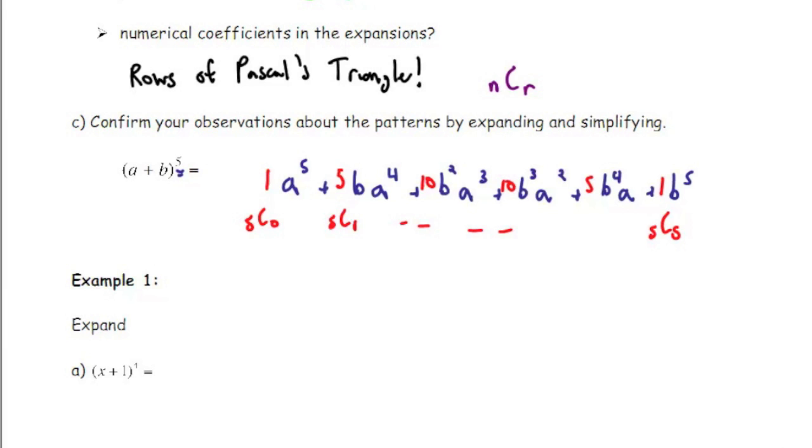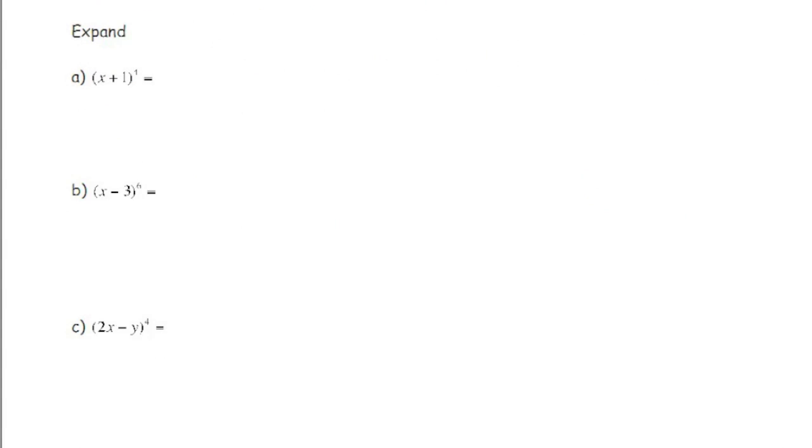So there you have it. Instead of having to expand every binomial out, we simply know the pattern involved with these particular binomials. Well, isn't that exciting?